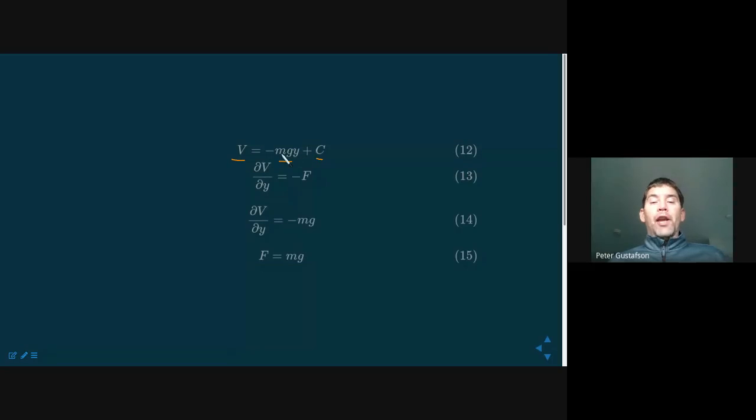Now we have the minus sign in front to make everything quite convenient, and keeping in mind that this is a description of a mathematical relationship, really, dV/dy has to be equal to minus a force. So this is where we get force equal to mass times gravity, with respect to gravitational fields.